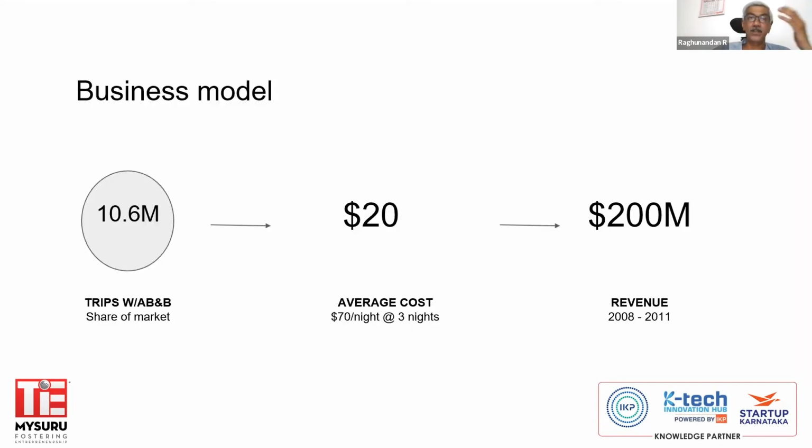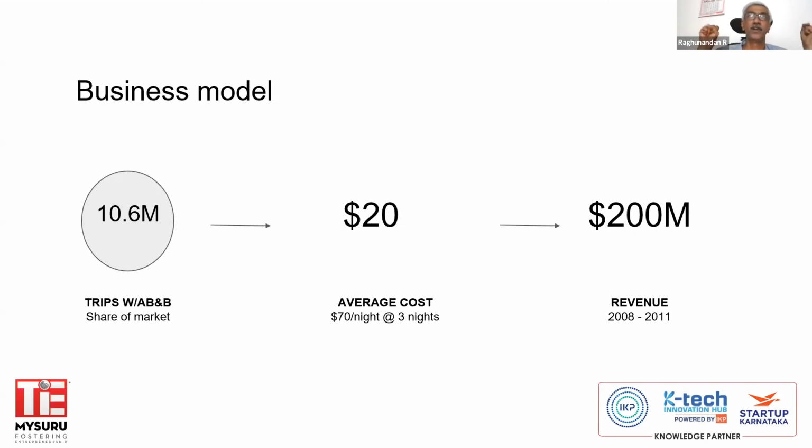If you look at the business model, going further, I had said that 10.6 million would be the kind of trips that I would like to get, as Airbnb. And then I say that my revenue model is I will charge a commission on every booking that is made. So roughly average cost is say 70 per night for 3 nights. So I will make a commission of 10%, which means $7 per night.